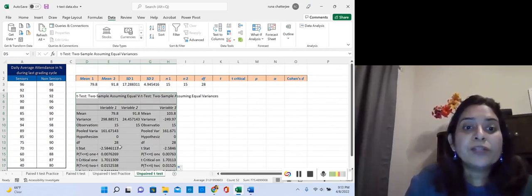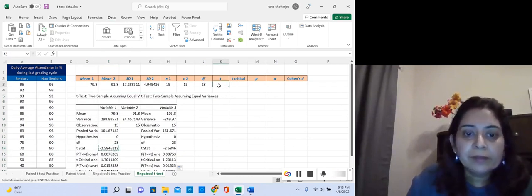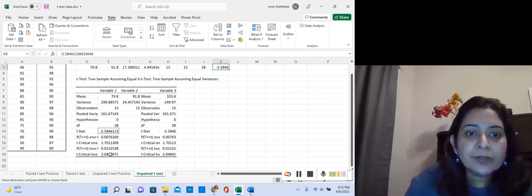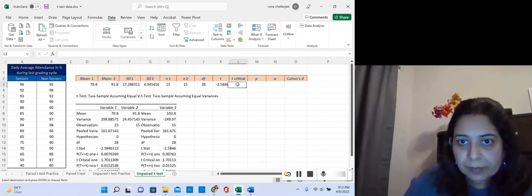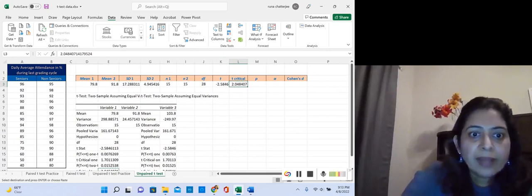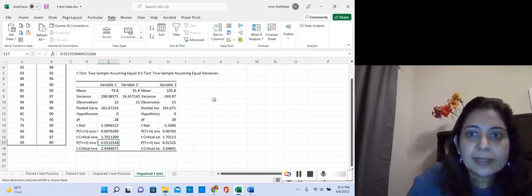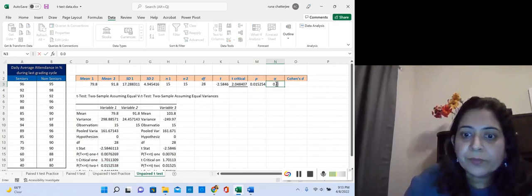Therefore, I'm going to, first of all, copy my t-stat value here and then compare it to t-critical of a two-tailed test. The p-value for a two-tailed test is this. Alpha value is 0.05.